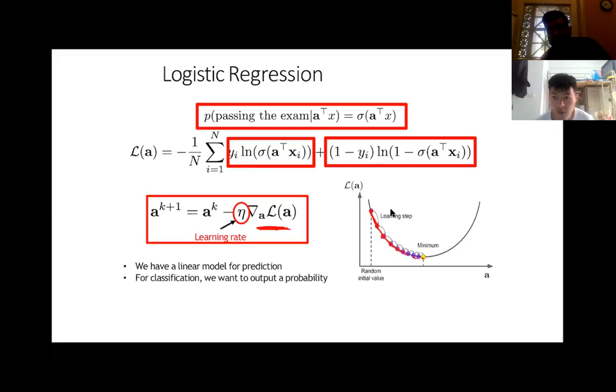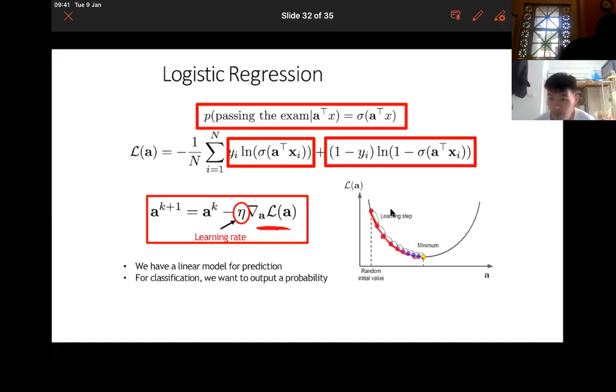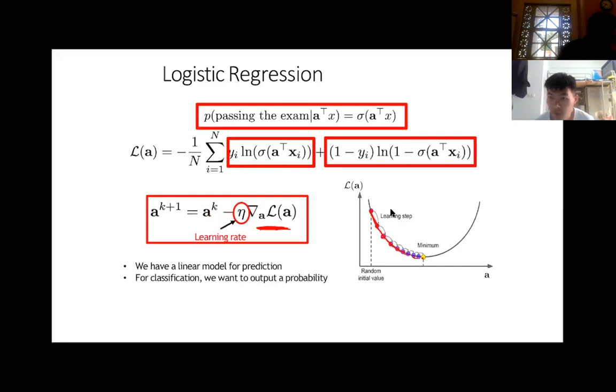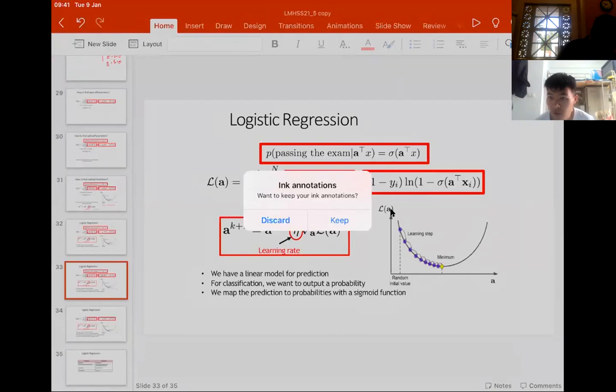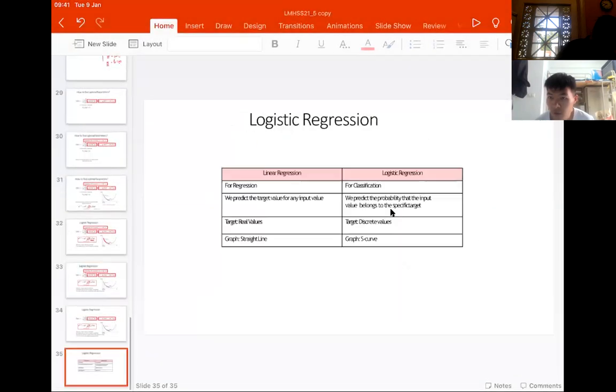Does it make sense to everyone why we go in the negative gradient direction? Yes. Okay, perfect. So now let's try to set up the problem for our coding exercise today, which is 5.4. So let me come to the last slide.